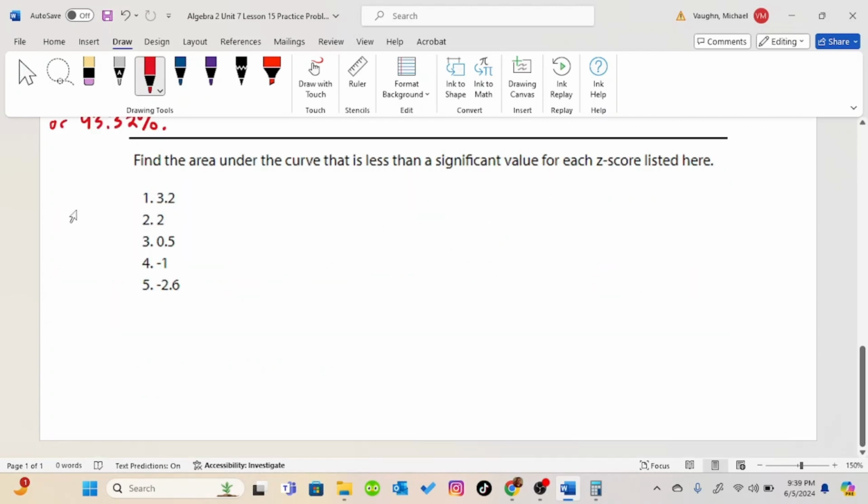On our last practice problem, it says find the area under the curve that is less than a significant value for each z-score listed here.